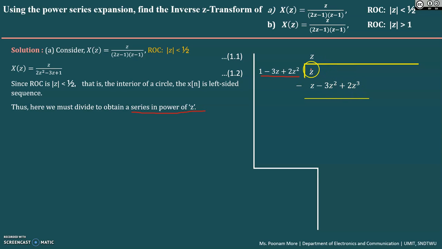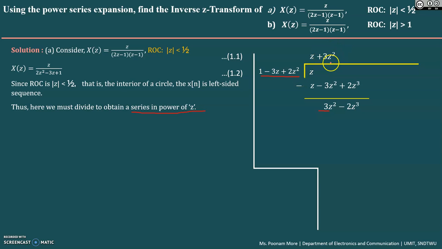Now the next step, we will perform the subtraction, and the result of the subtraction will be 3z square minus 2 times z cube. Now here, as the first term is 3z square, we will multiply our denominator with 3z square.